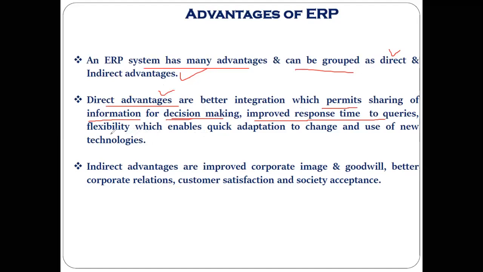Then because of the ERP we also have the advantage of flexibility, which enables adaptation to change and use of new technology. If some new technology comes into the market, our ERP system can be easily integrated with that new technology. Easily integrated means we can easily change the ERP system so that it can work with that new technology.